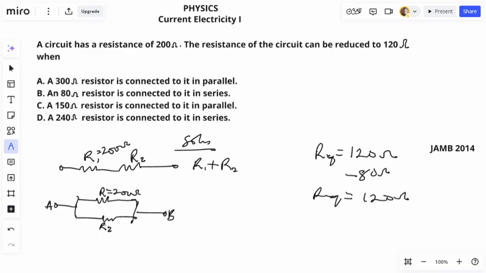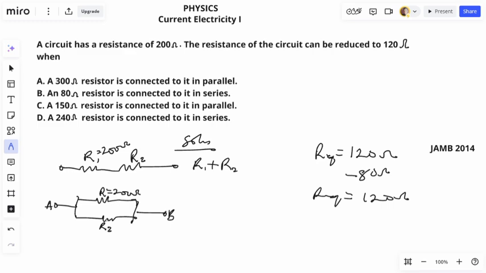Take for instance, if this R2 was 50 ohms, that means the equivalent resistance of this parallel connection will be a value less than 50. So what am I saying? I'm saying that in parallel connection, when you connect resistors in parallel, you are reducing the equivalent resistance. It is not adding up, it is reducing.